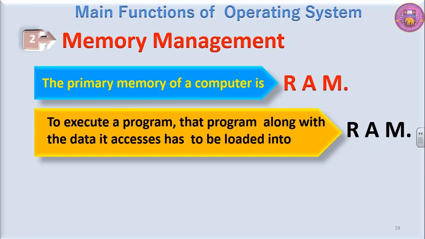Along with that our MS Word file will also go to RAM and the RAM will again send it to CPU. So CPU gets two things. One is the program and the second is our data file. That is why here it is written that to execute a program, that program along with the data it accesses, it has to be loaded into RAM.